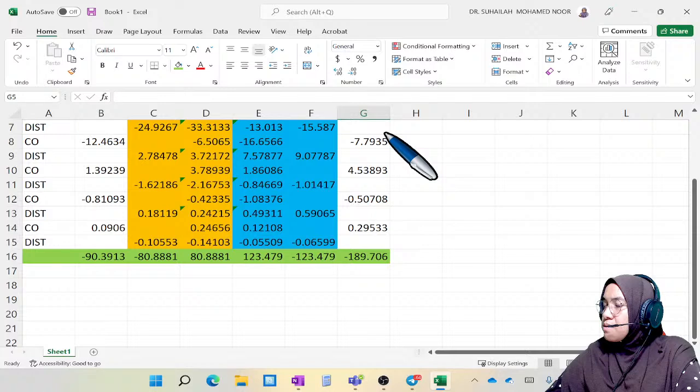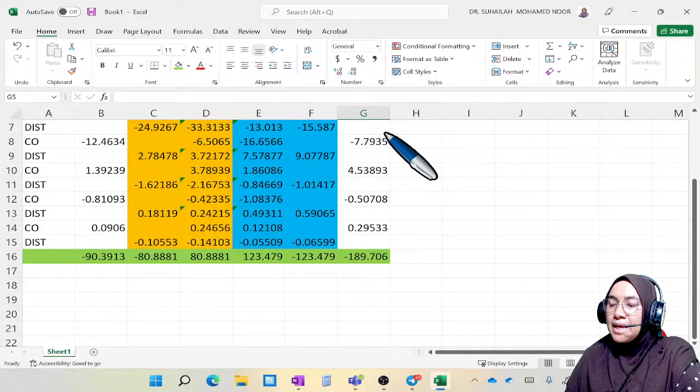So M CD is equal to negative 123.5 kilonewton meter. And M DC, this is all prime, is equal to negative 189.7 kilonewton meter. This we get from table number 2.